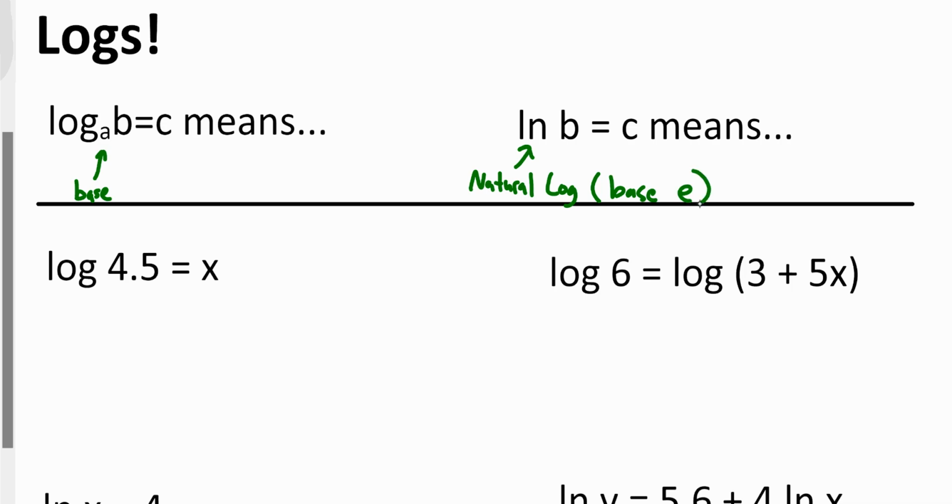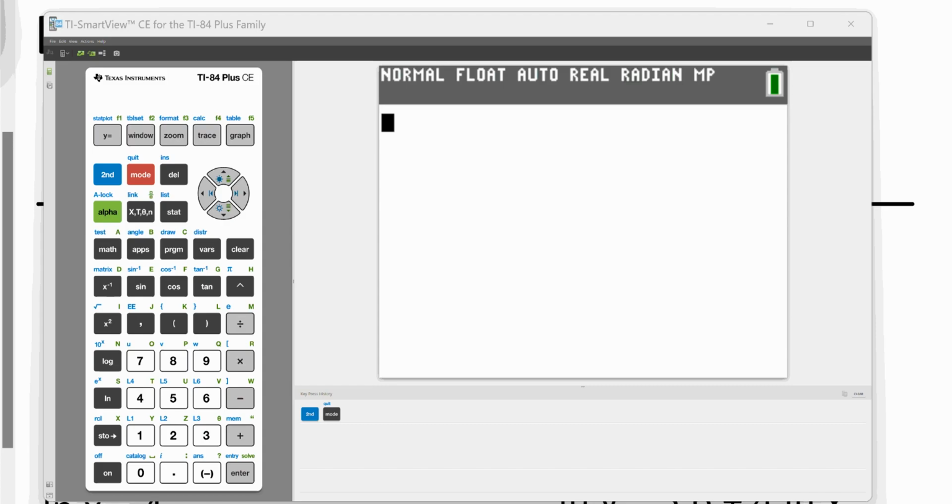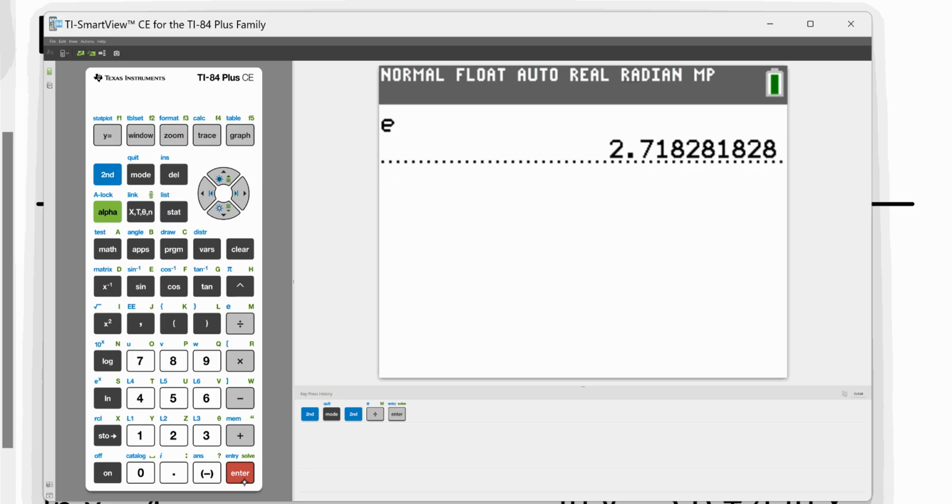Well, it's on your calculator, it's a number, and it's used with natural logs. If you look on your calculator, you can find the letter E, which is the number E, above the division symbol. So if I do second division symbol, I get E, and it gives you about 2.718, yada yada yada. Kind of like pi, it's an irrational number.